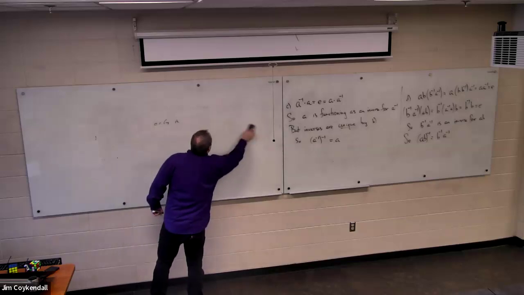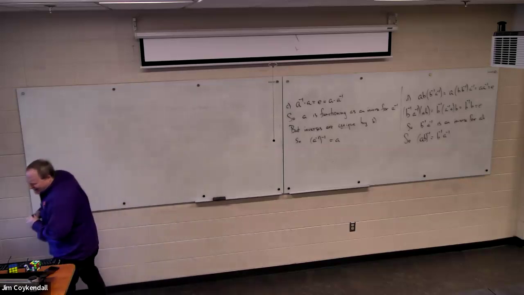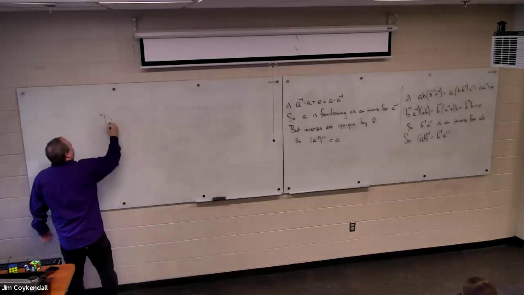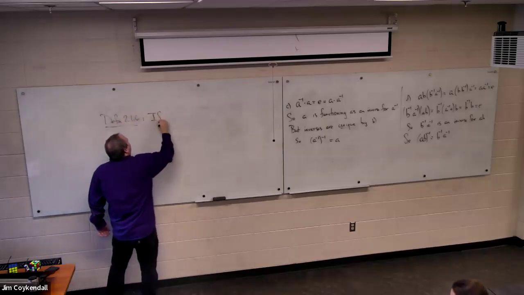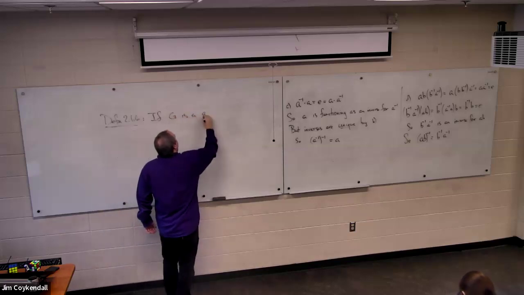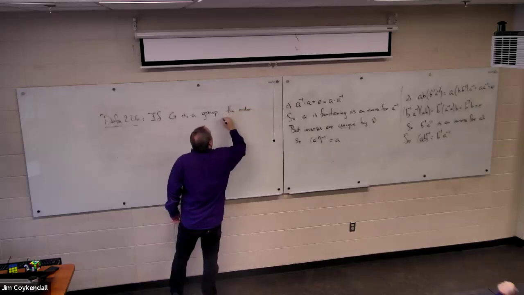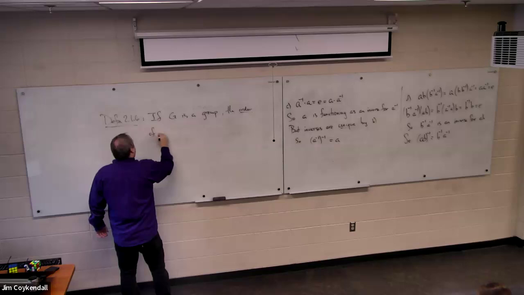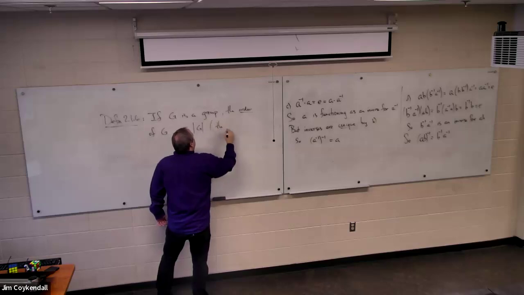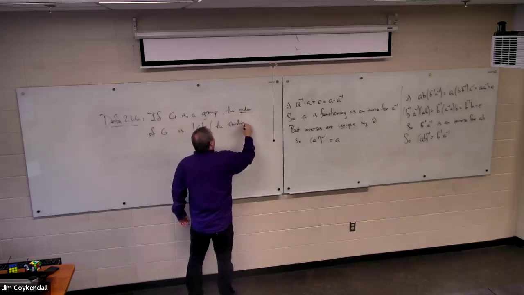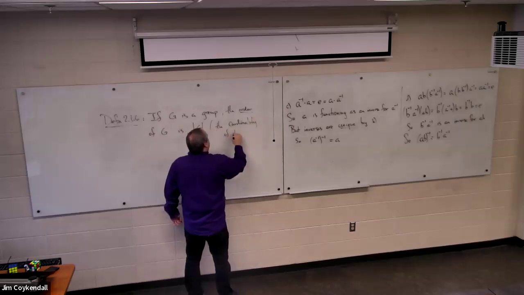So here's a short definition that I will end with, and that is the following. If G is a group, the order of G is the cardinality of the underlying set.